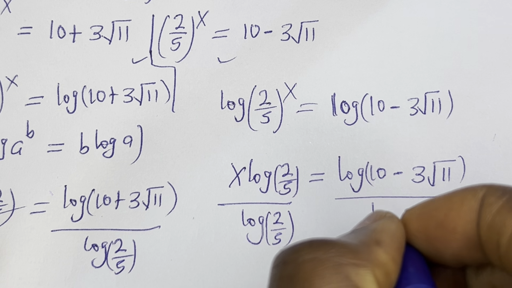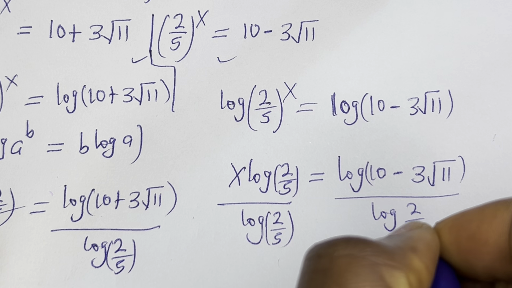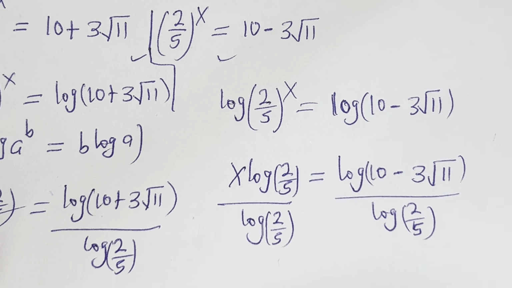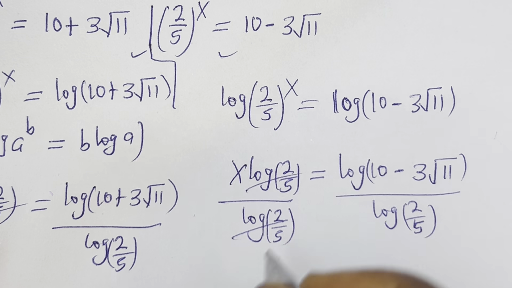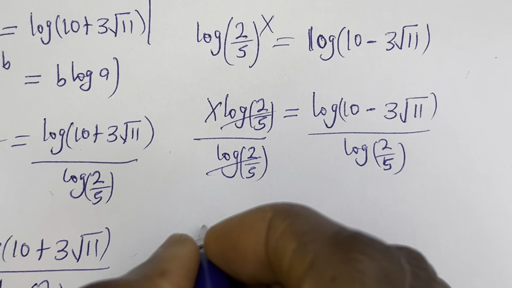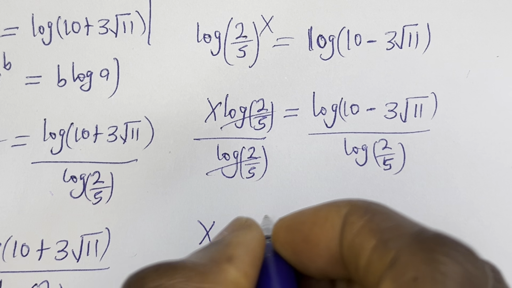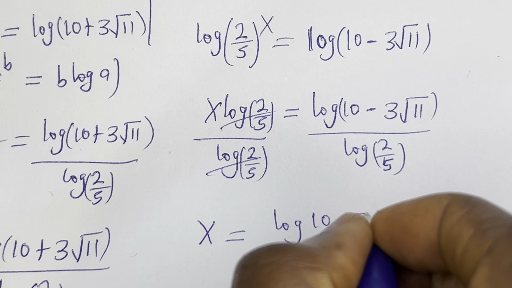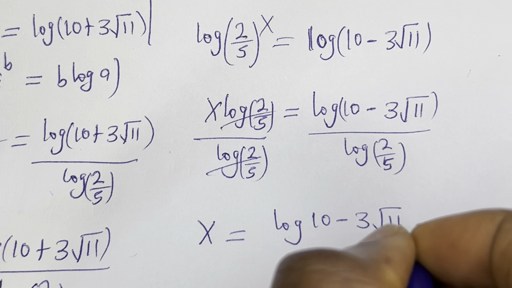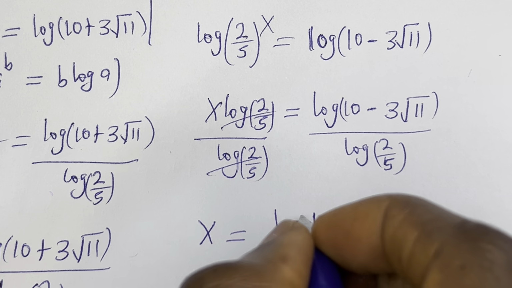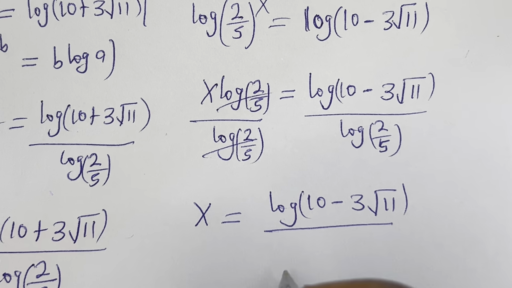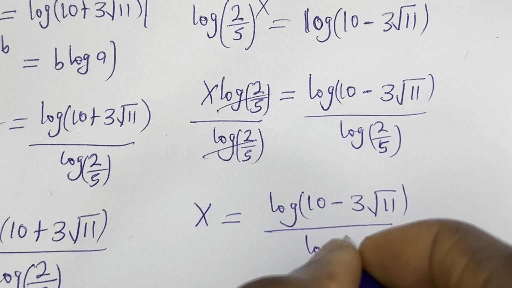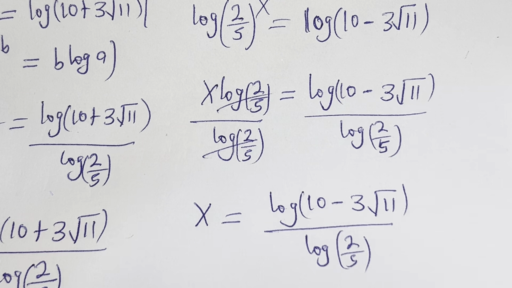Then we cancel this. x is equal to log of 10 minus 3 square root of 11 divided by log (2 divided by 5).